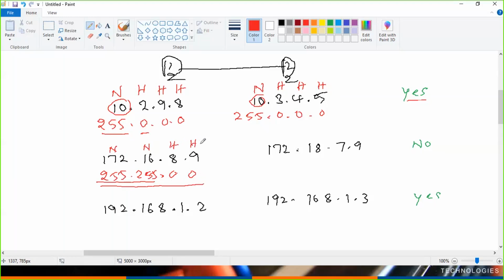Like this, we compare to the neighbor computer. The neighbor computer's IP address 172.18 is class B. Mask is 255.255.0.0. Then 172 is network, 18 is network. I am in the 16th network. You are in the 18th network. You are in a different network. They don't communicate.